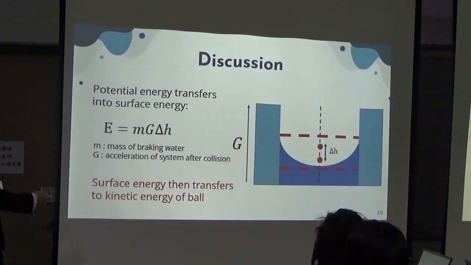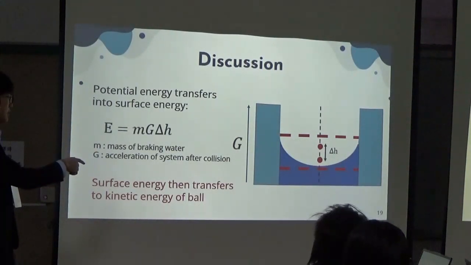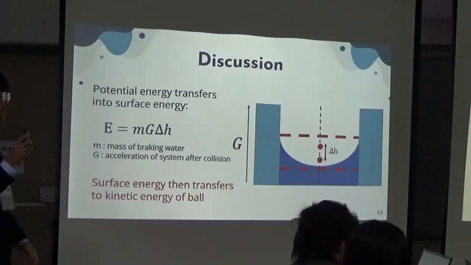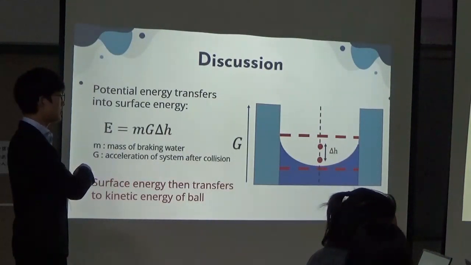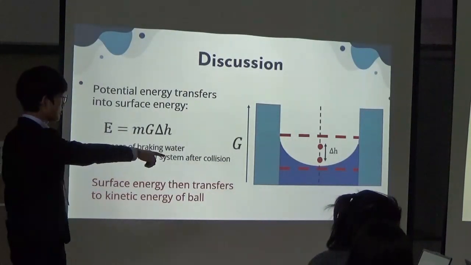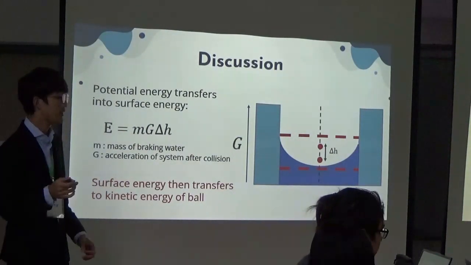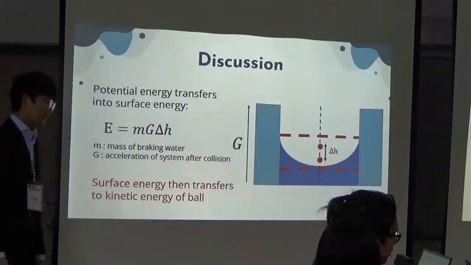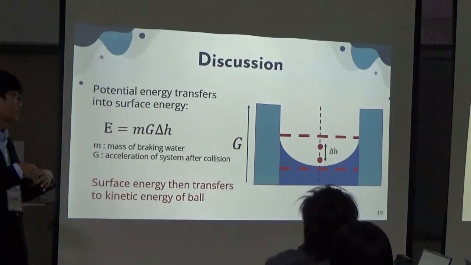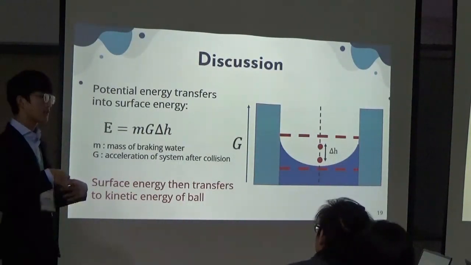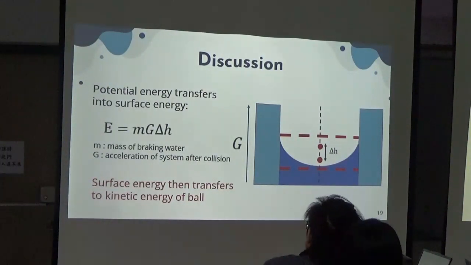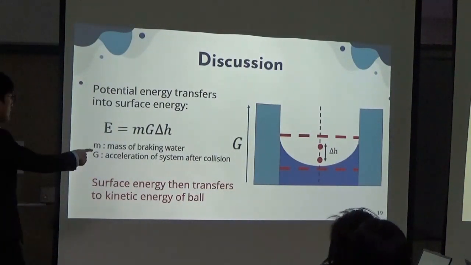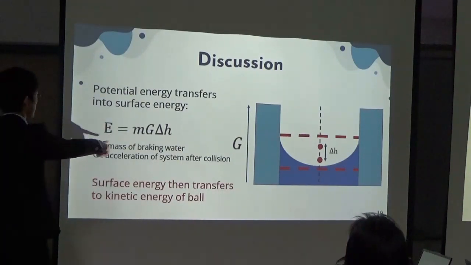However, we believe that when the container falls down during free fall acceleration, as shown in the graph for the demonstration video, the surface of the water will form into a curve, and this curve will cause a surface potential energy in the water, which is expressed over here.